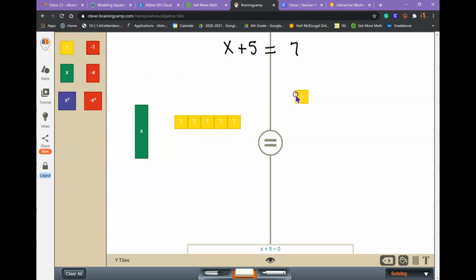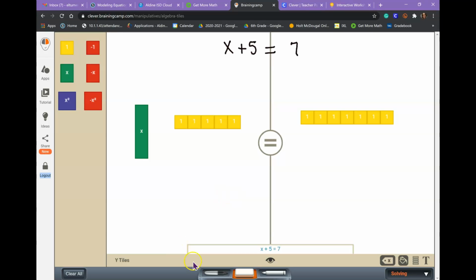Now I'm going to slide one over here on the right side because you see my mat has been split in two. So I'm going to click on the right side and I'm going to put 7. Now if you look down here, it shows you what equation you have on the mat so far. So far I have x plus 5 equals 1, but I need it to be x plus 5 equals 7. So I'm just going to click until I get x plus 5 equals 7.